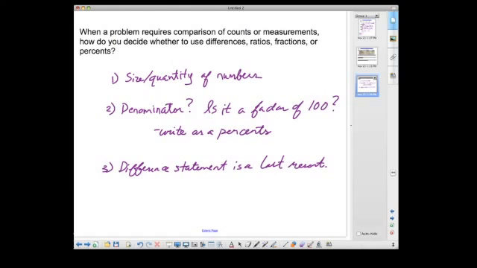So 27 minus 11 would give you 16, so you say, okay, 16 more people prefer whatever item you're comparing. But again, a difference is really a last resort. It's not mathematically intuitive. People have to do the calculation to understand it, so it's not really great for sales or marketing and those kind of outlets.